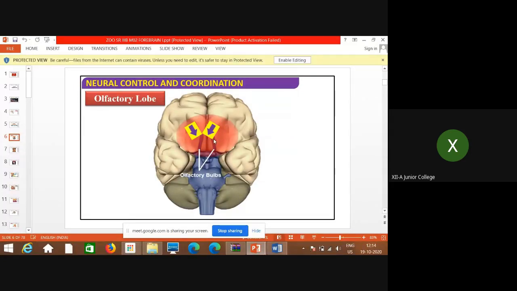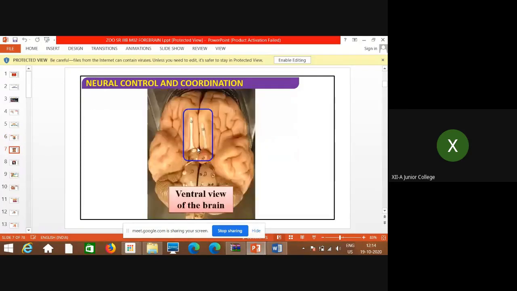These are shown by the arrows. So this part is called olfactory lobes. Here again it is very clear, this is one and this is the other one. This is the ventral view of the brain where you can see these two olfactory lobes.